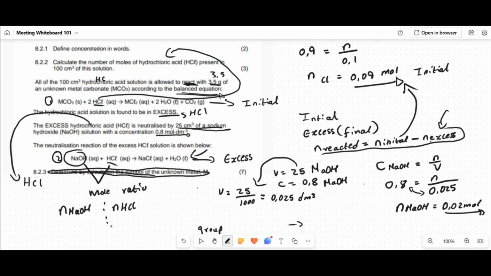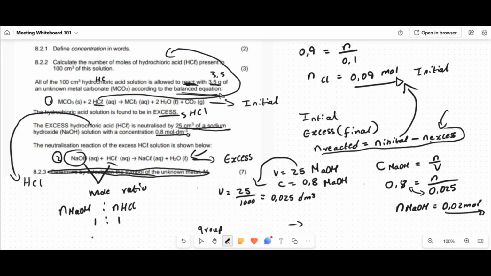What is the ratio? The ratio is 1:1. So for every 1 mole of sodium hydroxide, 1 mole of HCl will be used to react. That doesn't matter, but you just need to know that we use the mole ratio for the reaction to indicate that they are reacting.